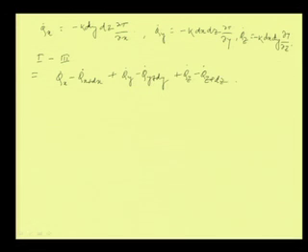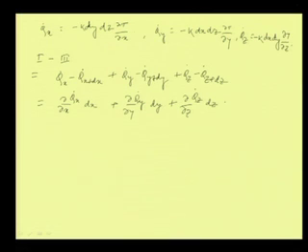Now, if we apply Taylor series expansion, we find this is del x of q dot x into dx, plus del y of q dot y into dy, plus del z of q dot z into dz.